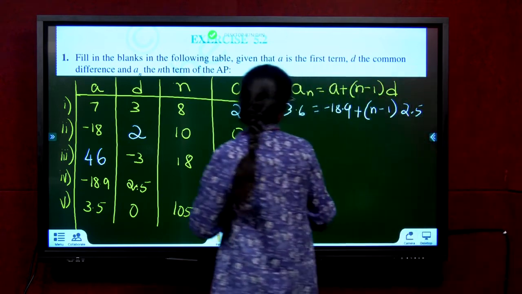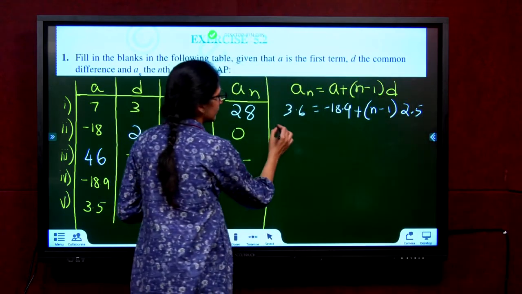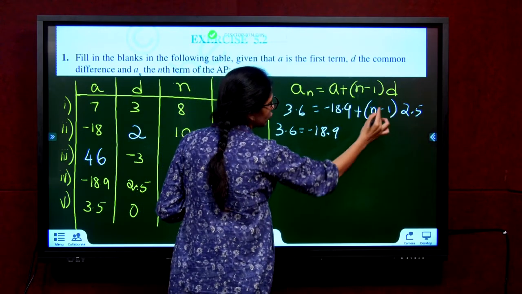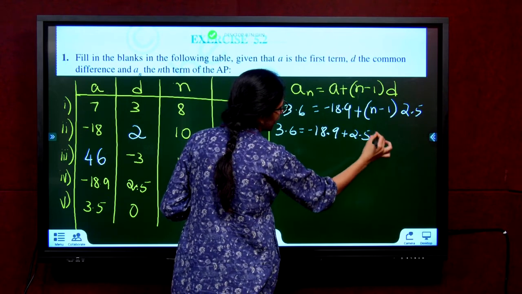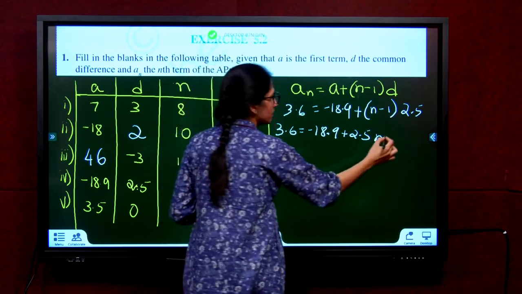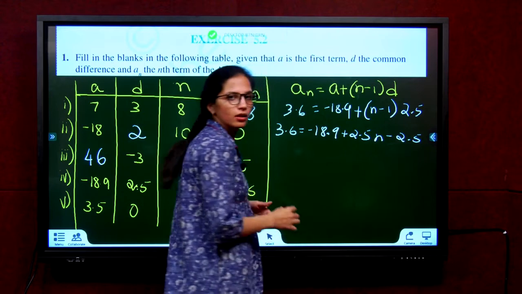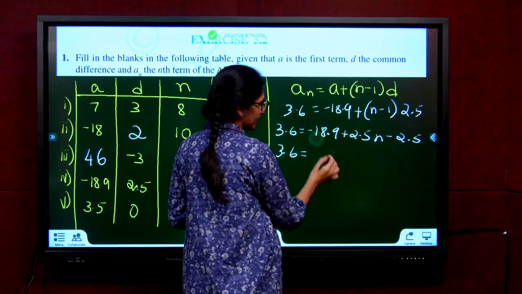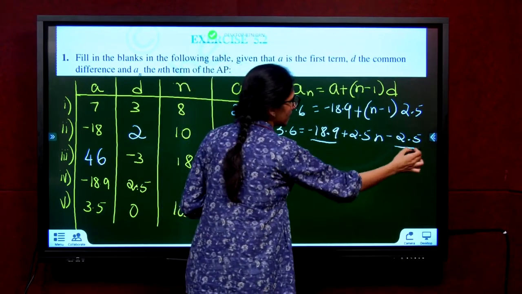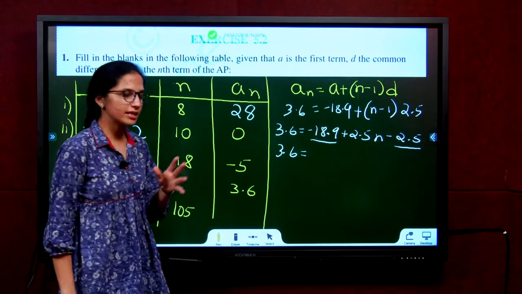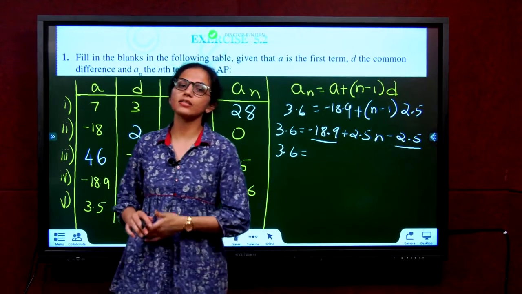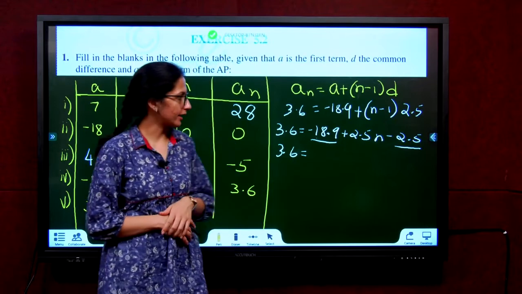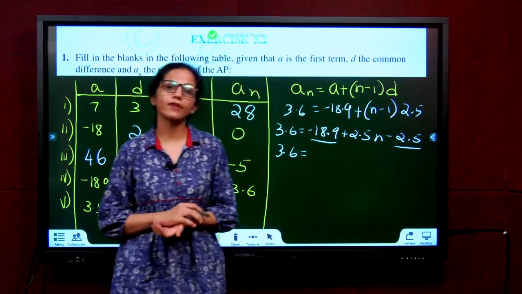Okay, let's start. 3.6 is equal to minus 18.9 plus 2.5 into N minus 1, which is 2.5 N minus 2.5. 3.6 is equal to minus 18.9 minus 2.5. Leave the points. Minus 18 minus 2, how much? Minus 20. Minus 20.9. To that add the minus 0.5.